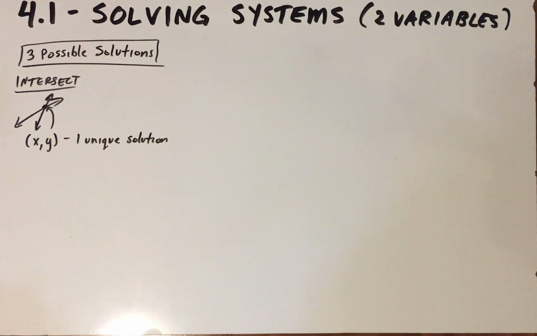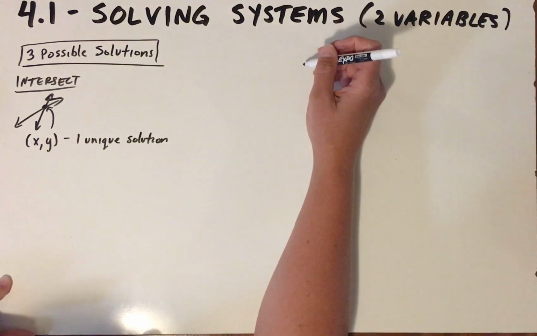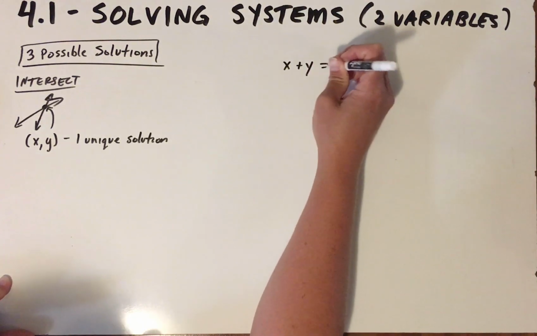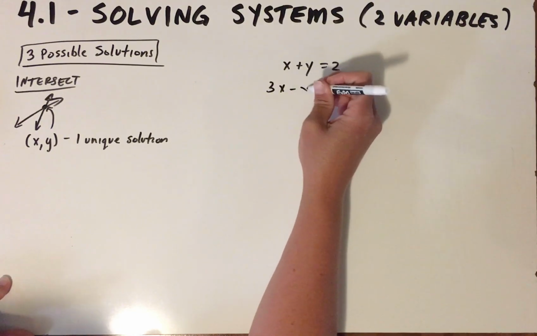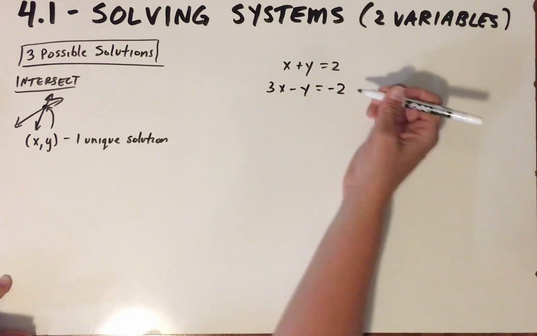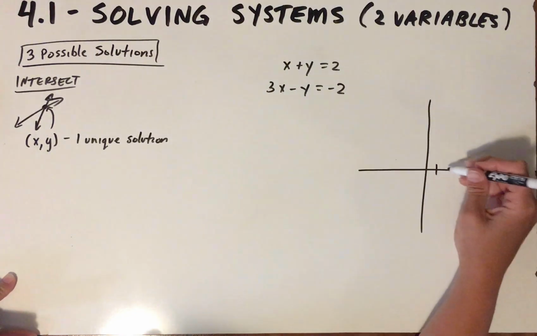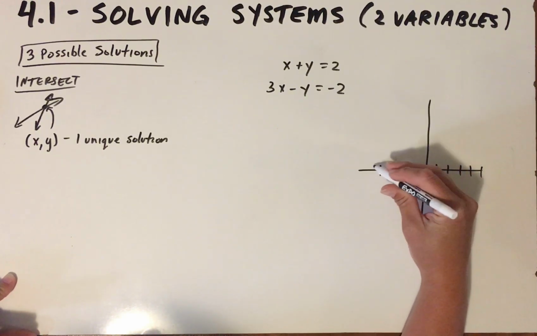Well, what would a problem like this look like if I were to graph it? If I had x plus y is equal to 2 as my system, and 3x minus y is equal to -2, and I wanted to graph these, and I asked, what's the solution?